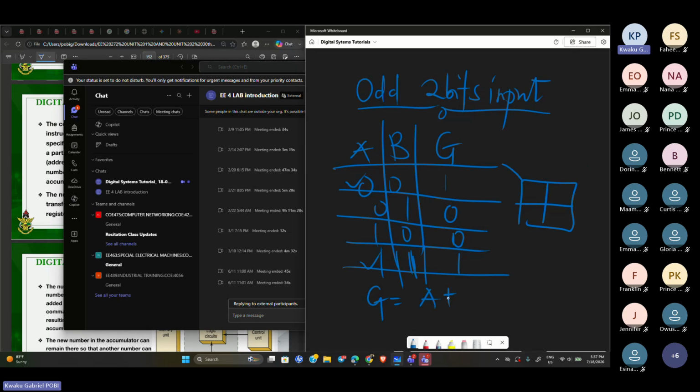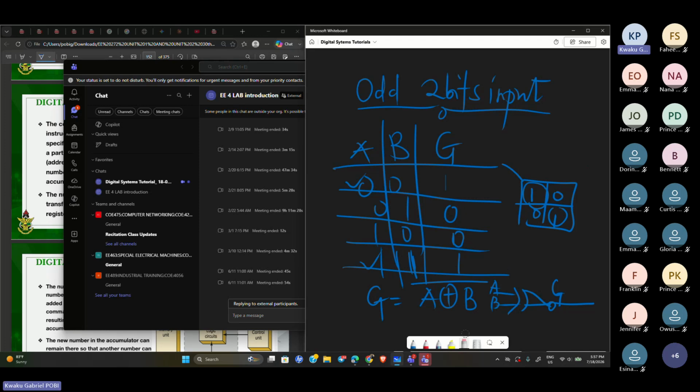So here it's going to be A XNOR B, like this with the NOT at the end. So this will be your generator. So here you end up getting 1, 0, 0, 1. So it means you have XNOR.